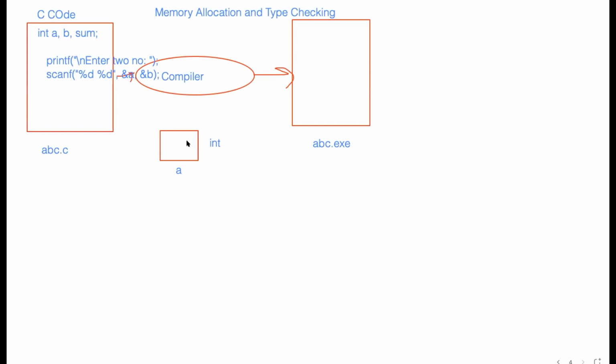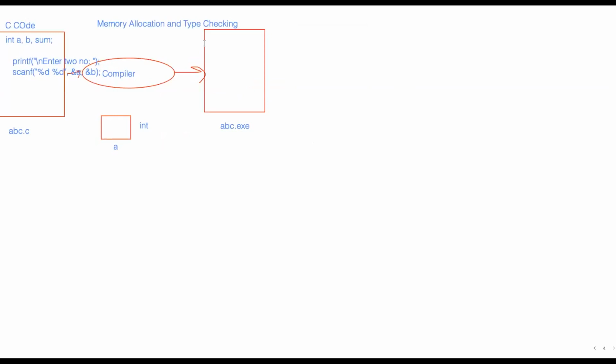You cannot store any other data. So the compiler checked the type, and then memory allocation happened while compiling the code itself, right? Clear, everyone? Yes, sir. Thanks.